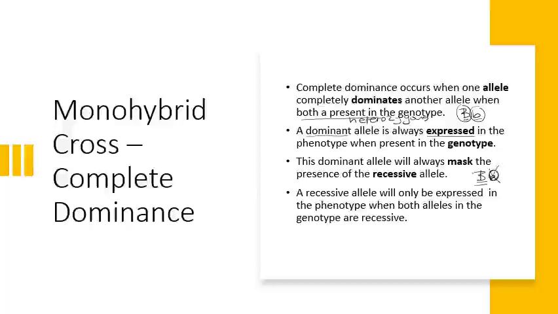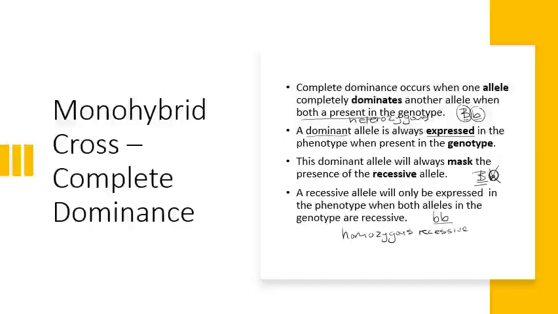A recessive allele will only be expressed in a phenotype where both alleles in the genotype are recessive. So I will only be a blonde person if I have two little b's, right? And that just means that I need to be homozygous recessive.